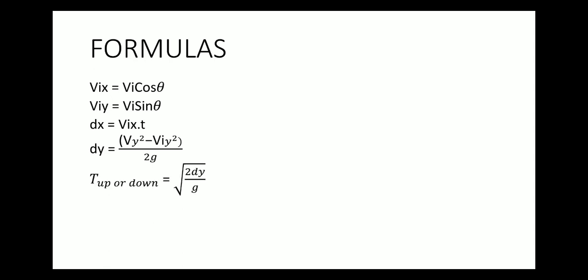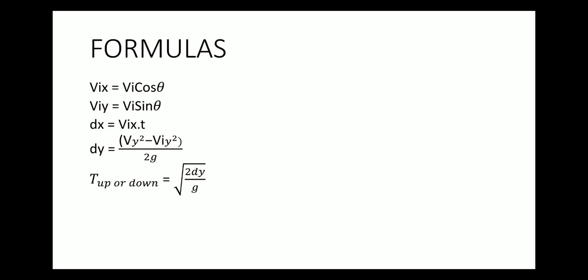Then for time, time going up and time going down actually have the same formula, 2 dy over g. The difference is, if we compute the time going up, g is negative because the normal direction of gravity is downward, and we are countering it.